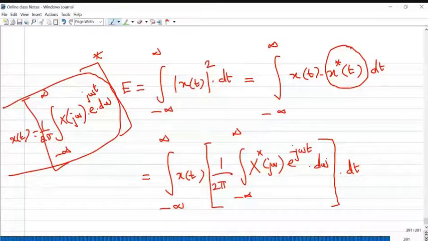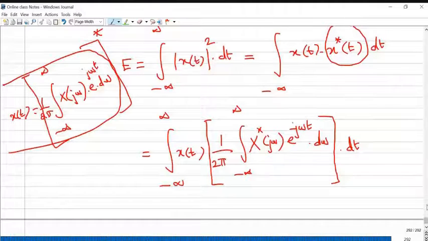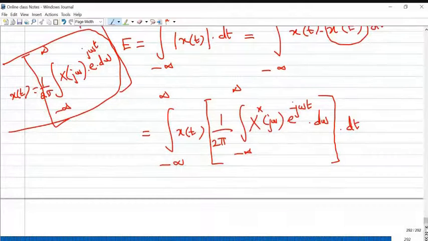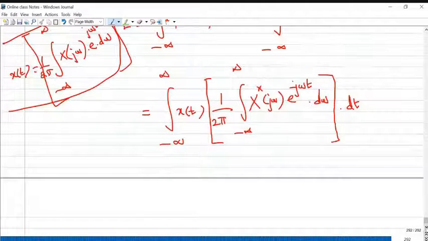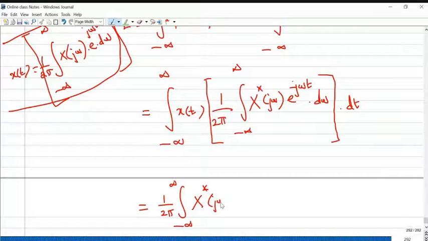So what I did is replace the complex conjugate of x of t using the inverse Fourier transform. Now rearrange this equation: one divided by 2 pi integration from minus infinity to infinity of x star of j omega.